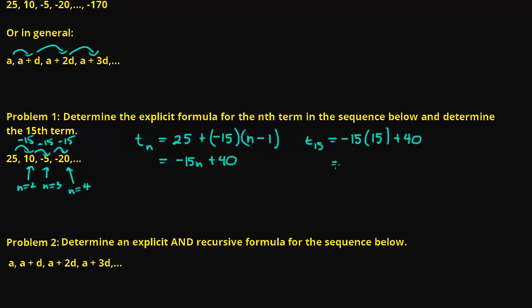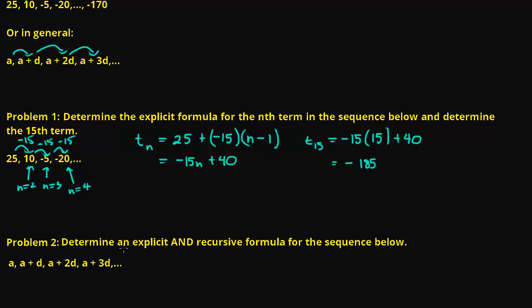Negative 15 times 15 is negative 225. Negative 225 plus 40 is negative 185. So therefore, the 15th term is negative 185.